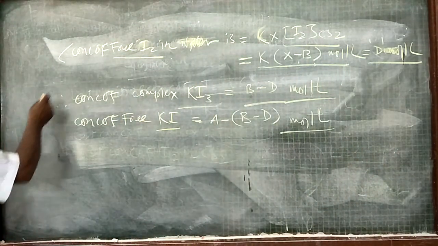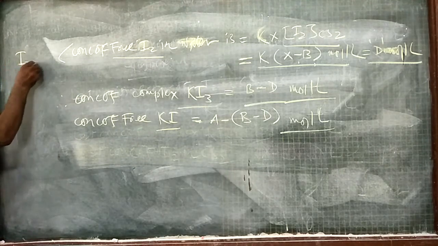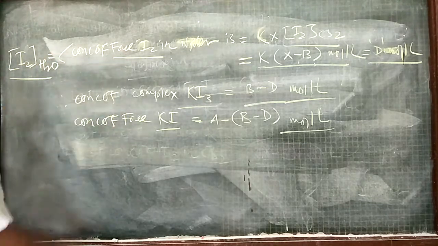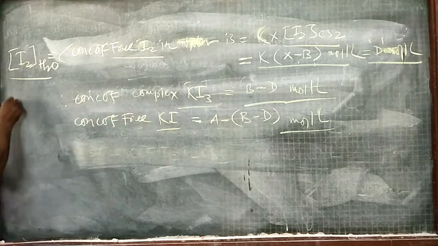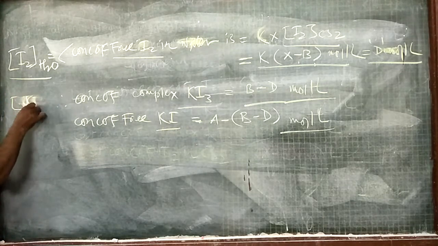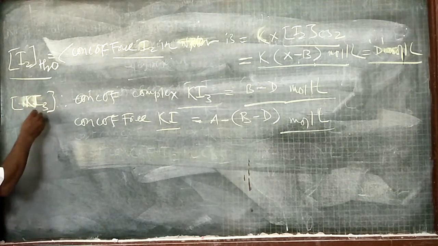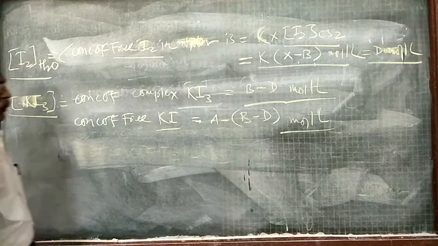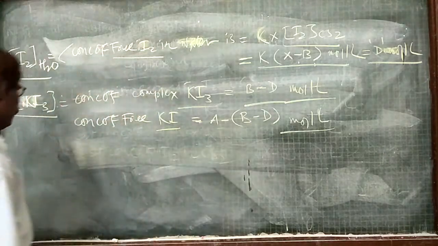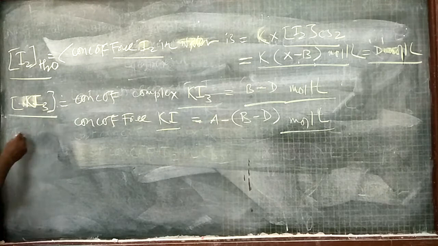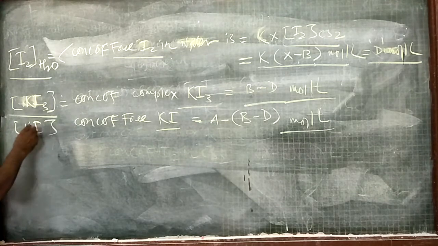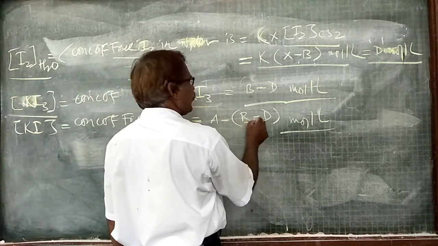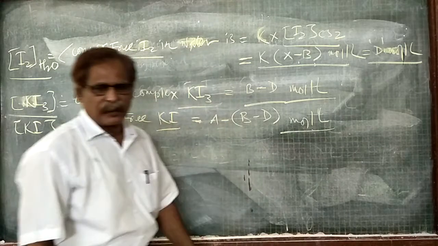So here the concentration of free iodine in water is equal to D moles per liter. The concentration of complex potassium triiodide at equilibrium is equal to B minus D moles per liter, and the concentration of free KI is equal to A minus B minus D moles per liter.